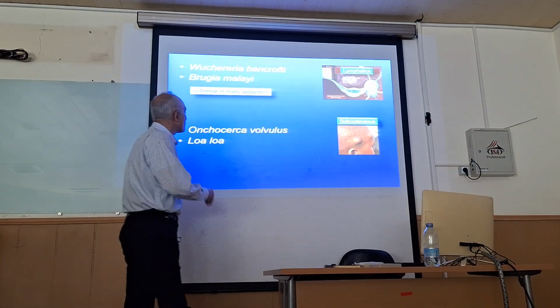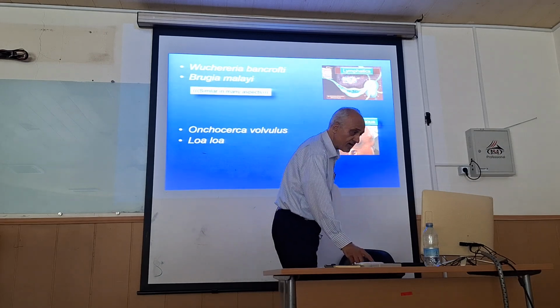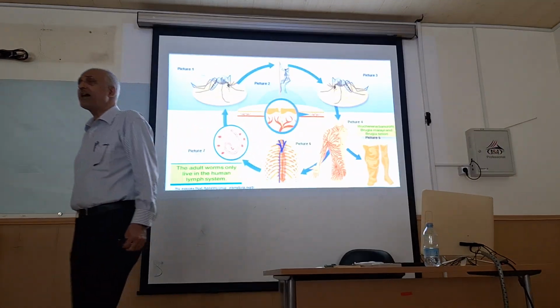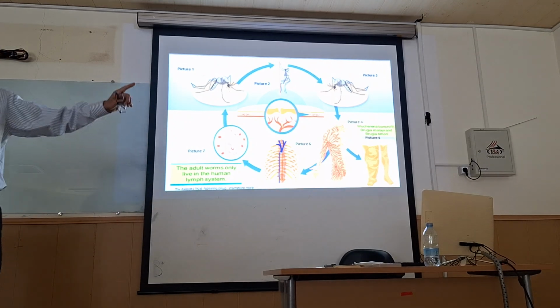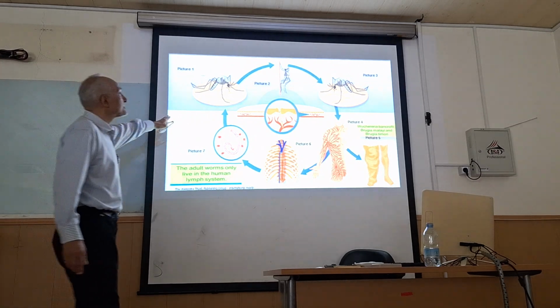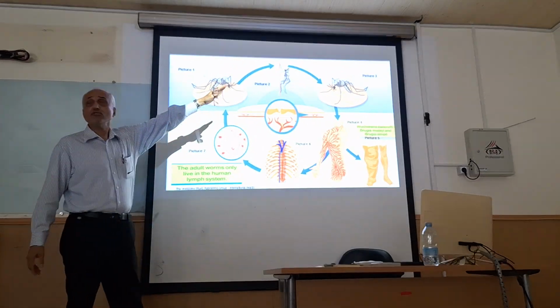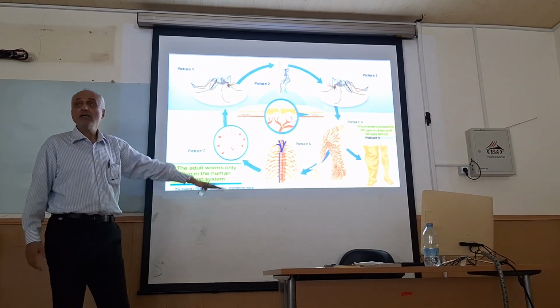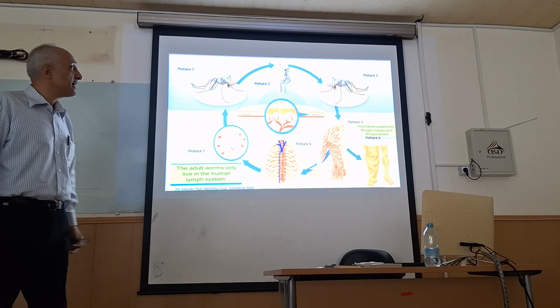And also Onchocerca volvulus and Loa loa are similar. Life cycle: I promise you, if you look carefully at the life cycle picture, you can understand everything. Two phases: one in the mosquito, the invertebrate vector, and the other one in the vertebrate, humans.